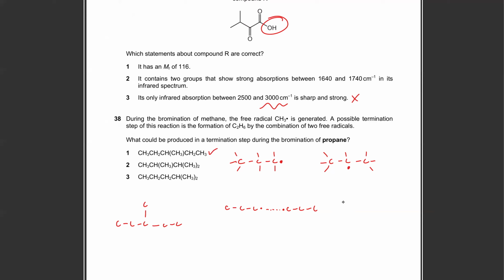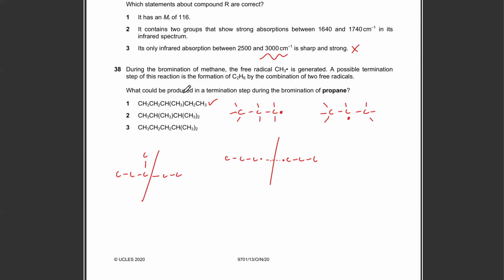How can they form this? If you split them back, you can't split it into two sets of three. If I split it over here, I'm going to get a four carbon atom and a two carbon atom. How can I split that into two groups, two propyl radicals joining up? Is that clear? I can't do that for the first one.